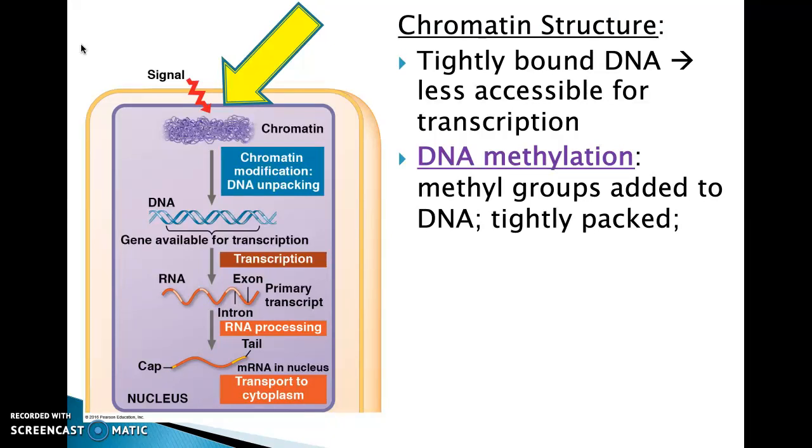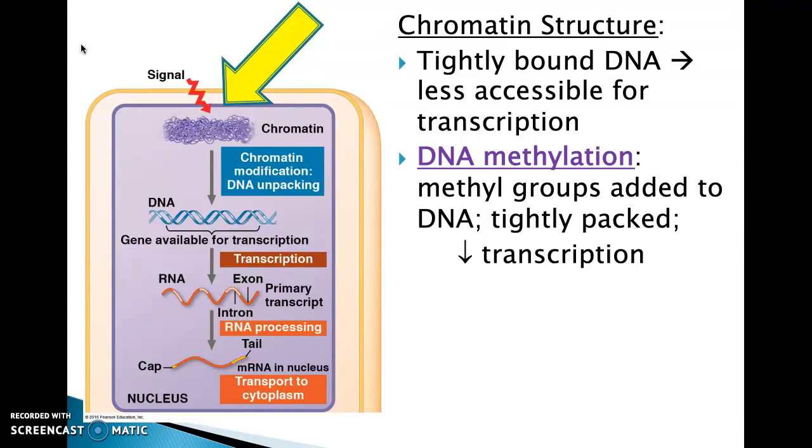When CH3 is added to the DNA, there is a decrease in transcription because the DNA ultimately gets packed even more tightly. I did want to note that the methyl group typically gets added to cytosine in the DNA molecule, one of the nitrogenous bases.